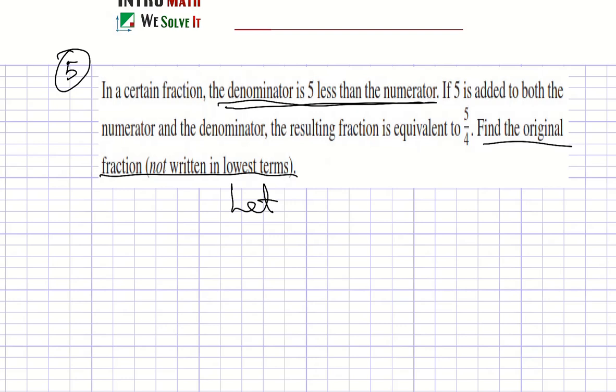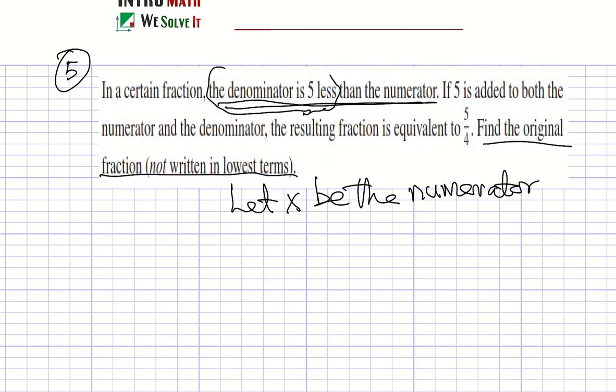Basically what this is telling me is we're looking for a fraction. We're gonna find it. We say let x be the numerator. I'll tell you why. Read carefully. Because they're saying the denominator is 5 less than the numerator.